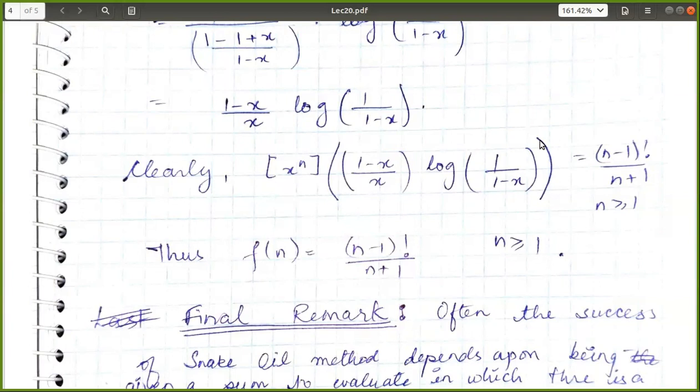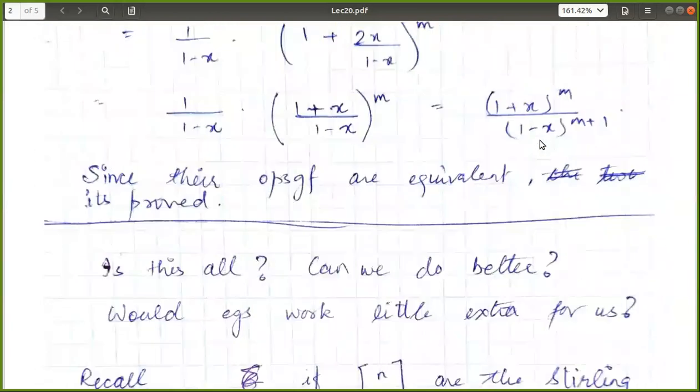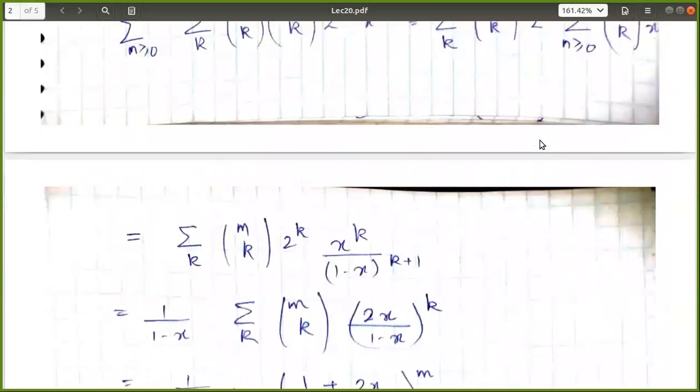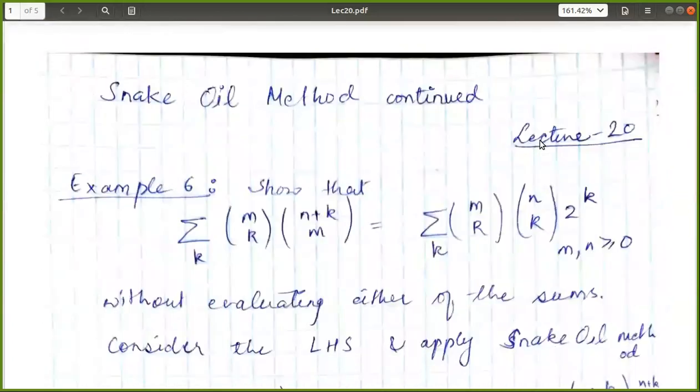And that makes life harder because most of the identities that we know or deal with appear in a simpler form. For instance, even this. So here, if I had chosen m, then m was to appear here and here.